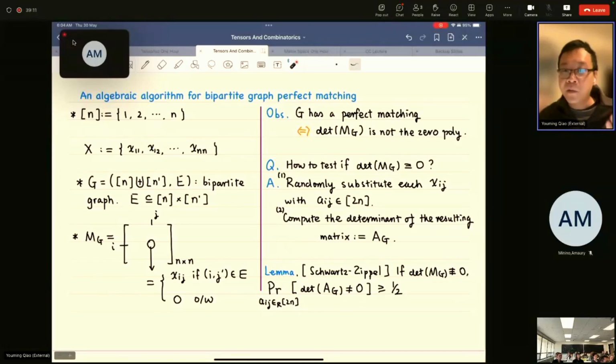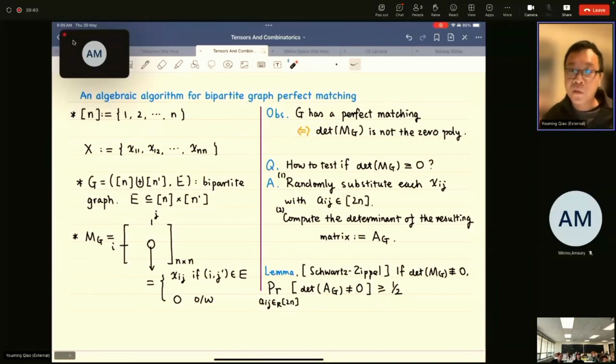But on the other hand, if your graph does have a perfect matching, which corresponds to the case that the determinant of Mg is not identical to 0, then there is a lemma called the Schwartz-Zippel lemma, which ensures that when you do this random substitution, then the determinant of Ag, which is the resulting matrix of numbers, is not 0. The probability will be larger or equal to 1/2.